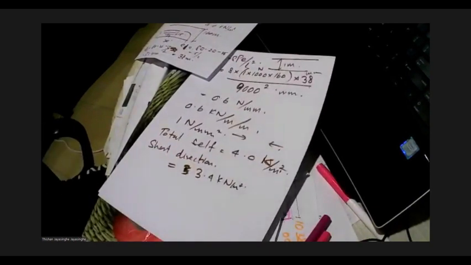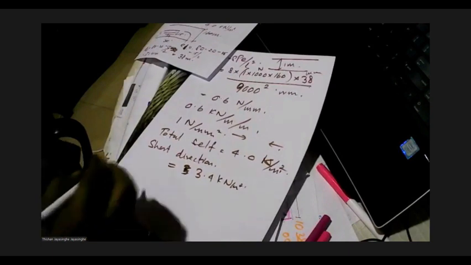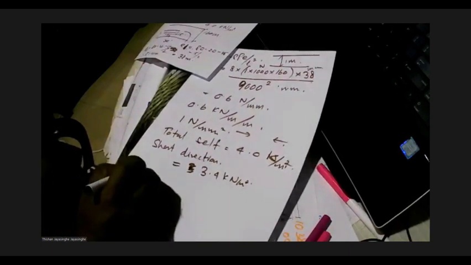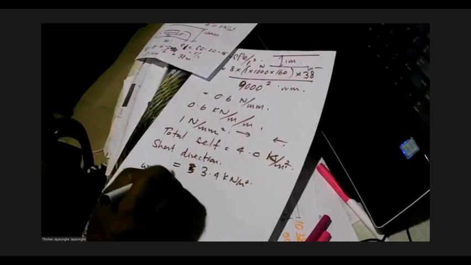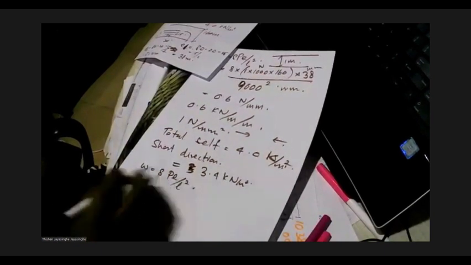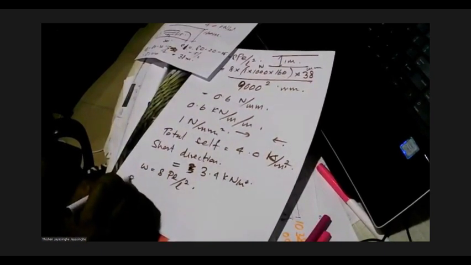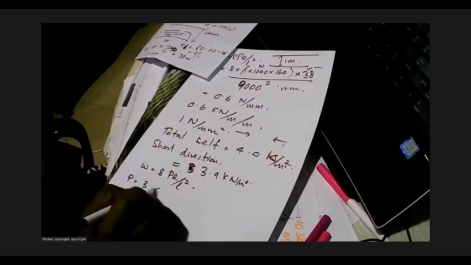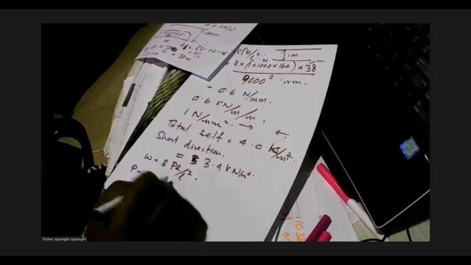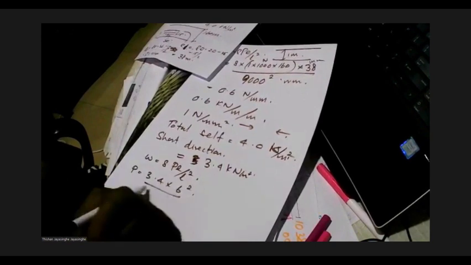In the short span direction, whatever the remainder has to be carried. Exactly. So W is equal to 8 P E over L squared. P is equal to 3.4 multiplied by L squared, that is 6 squared, divided by 8.